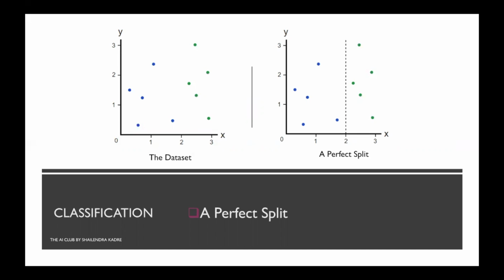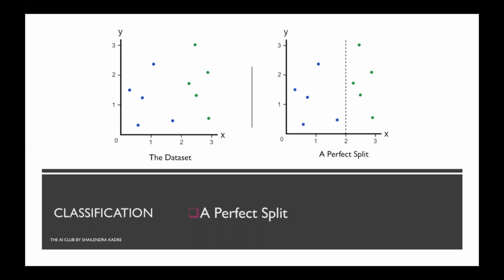Some data set is there which has the target variable with two classes. Class 1 can be represented by blue points and class 2 can be represented by green points. And in this way, depending on the various features x and y, we are getting a scatter plot.